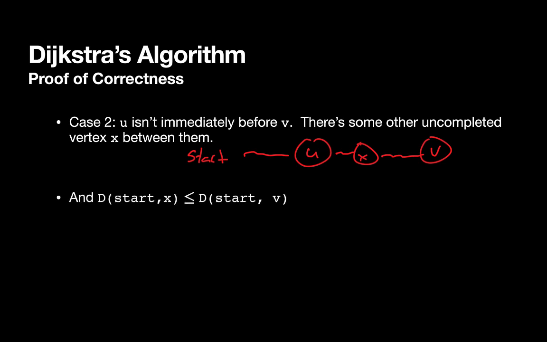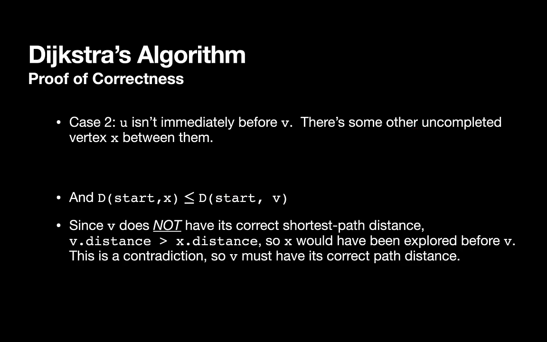So in this particular case, we know that the total distance from the start to X will have to be less than or equal to the distance from the start to V. Okay. So this intervening stuff here will have a total sum of link weights of 0 or more. Okay, since V does not have its correct path distance, remember that was our assumption, we know that the actual distance estimate in V must be greater than the distance estimate in X.